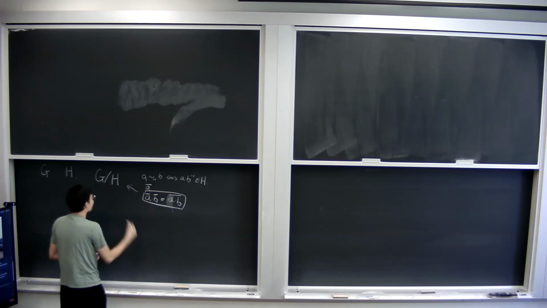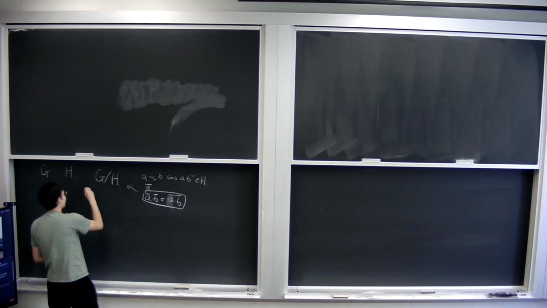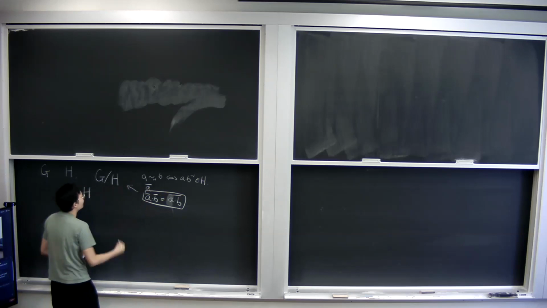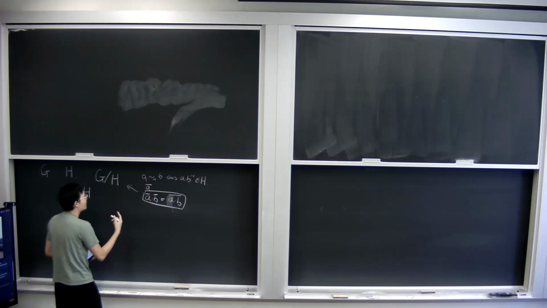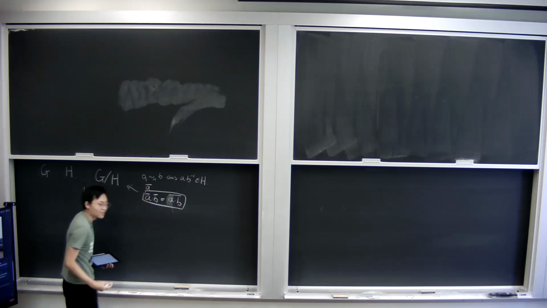It turns out that when H is normal, G over H, the quotient group, is a group with the multiplication defined this way.